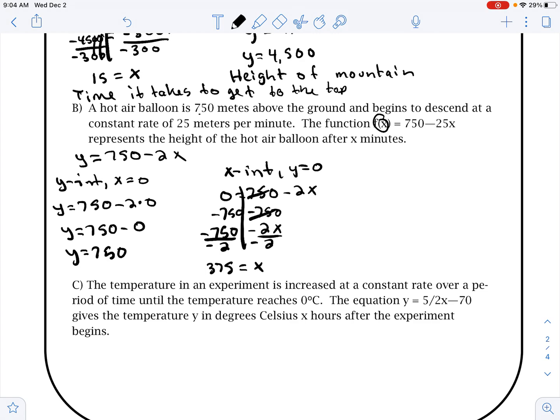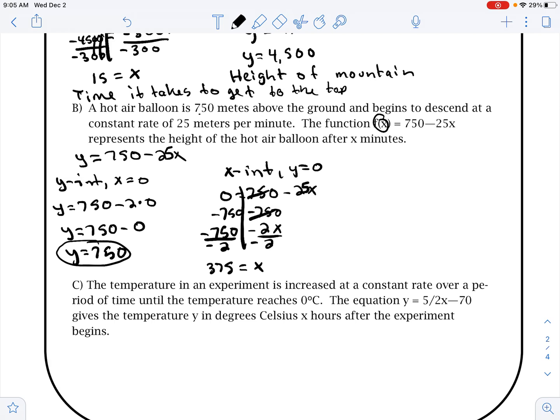So now we want to go. The hot air balloon is 750 meters above the ground. So this tells me that's the height. The y-intercept tells me the height of the balloon. It descends at a constant rate of 25 meters per minute. Oh, there you go. This should be 25.